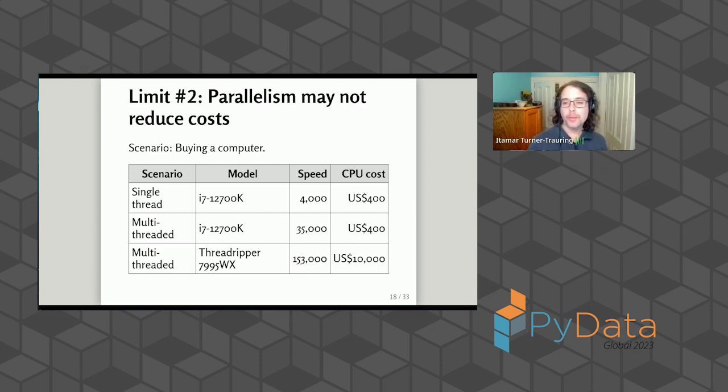So you're running 5 times as fast, but you're paying 25 times as much. So it's a big jump in costs in order to go faster. At some point you start spending a lot more money to get more parallelism on a single CPU. And you can build a cluster out of cheaper computers, but now you're dealing with a distributed system and your programming job just got a lot harder.